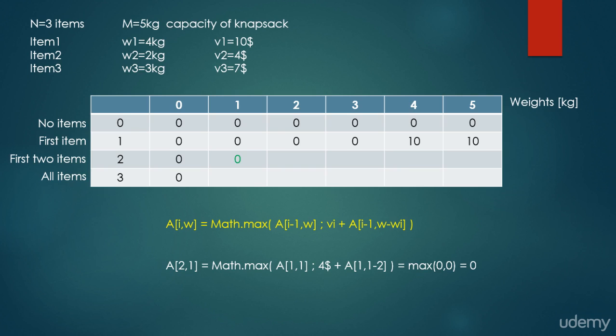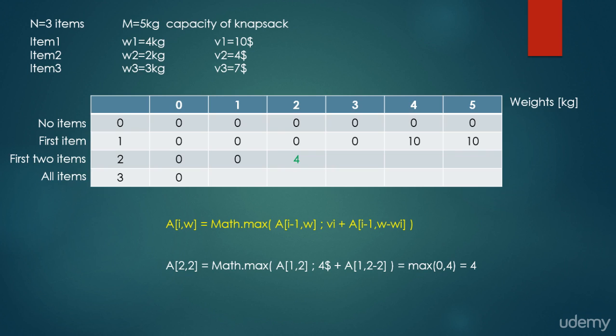We jump to the next column, and it's going to be 4. Why? Because A22 is equal to the max with A(1, 2), which we can look up in the table. It is row index 1 and column index 2, there's a 0. And the second integer will be $4 plus A(1, 2 minus 2).